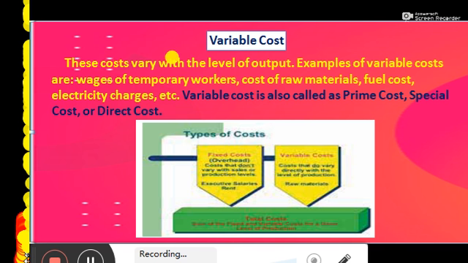Okay, so total cost, that is TC. Total cost பார்க்கும்போது கண்டிப்பாக you have to calculate both the fixed cost and variable cost.